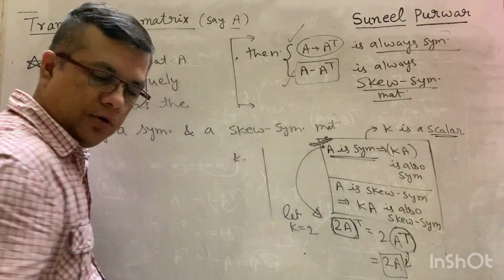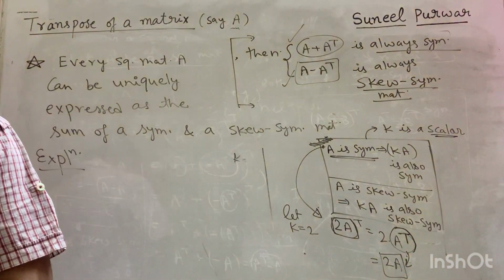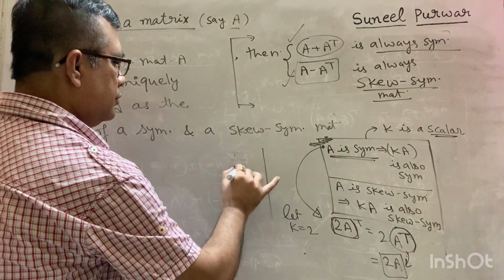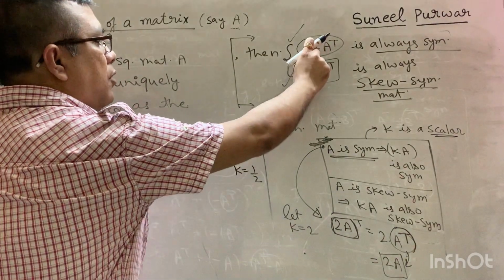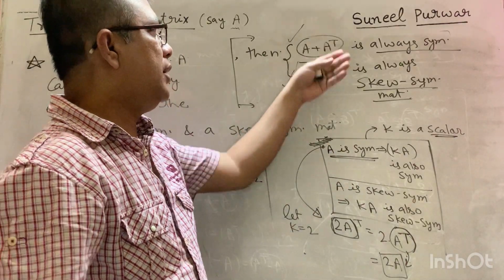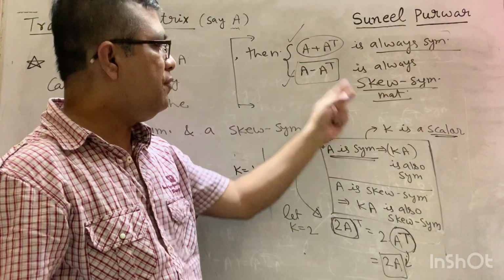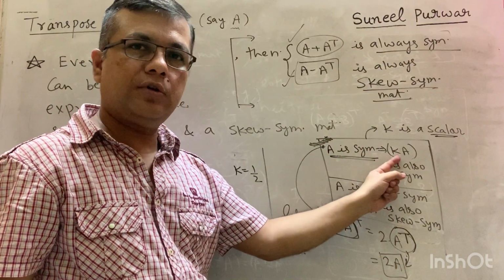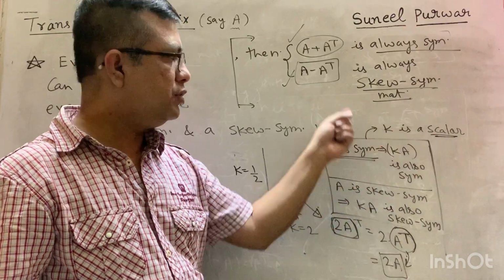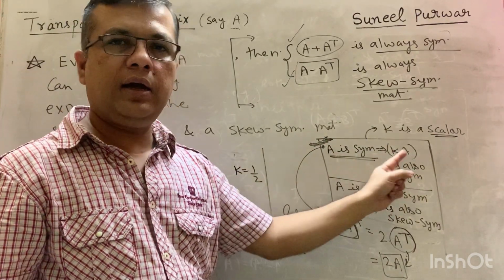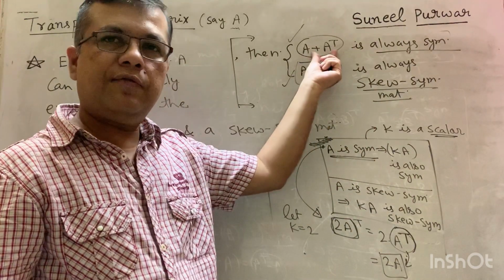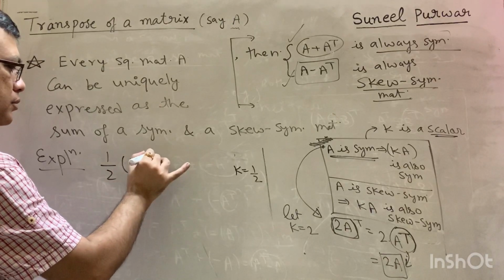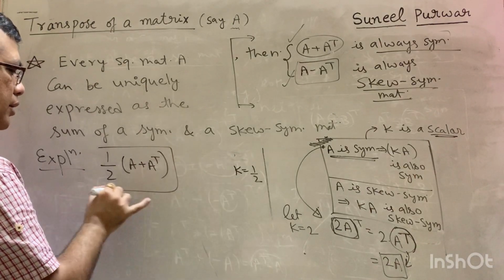So if I take k equal to 1 by 2, half of, ठीक है, ये मैट्रिक्स सिमेट्रिक है, तो इसका हाफ टाइम्स भी सिमेट्रिक होगा. ए सिमेट्रिक है तो एनी नंबर ऑफ टाइम्स ऑफ ए विल आल्सो बी सिमेट्रिक यूजिंग दैट प्रॉपर्टी. तो K की वैल्यू मैंने कितनी ले ली है, हाफ. तो दिस इज सिमेट्रिक, सो हाफ ऑफ दिस इज आल्सो सिमेट्रिक. हाफ ऑफ ए प्लस ए ट्रांसपोज, ये कैसा मैट्रिक्स है, सिमेट्रिक.